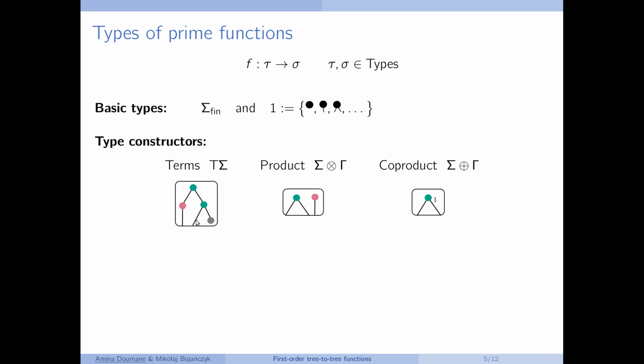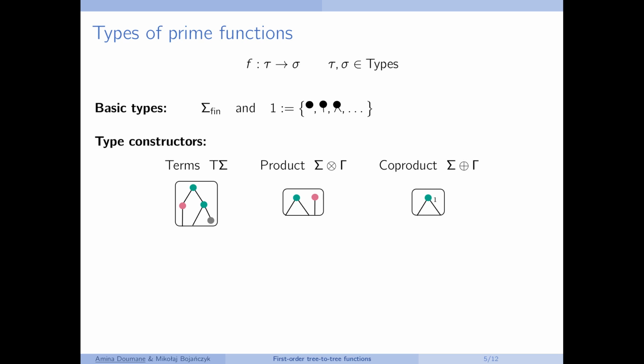Their number is the arity of the element. So this is an element of arity 2. And trees are just terms of arity 0. They don't have dangling edges.